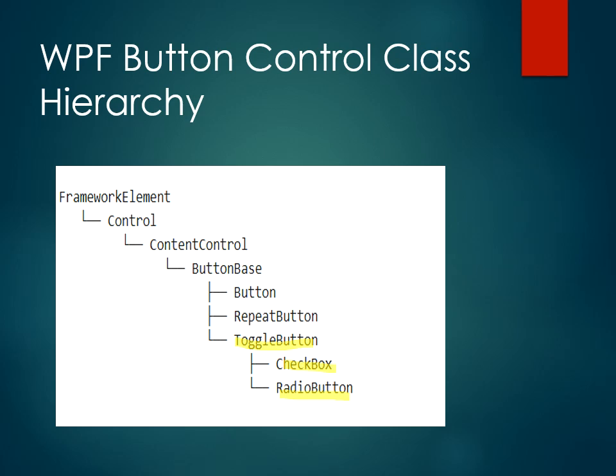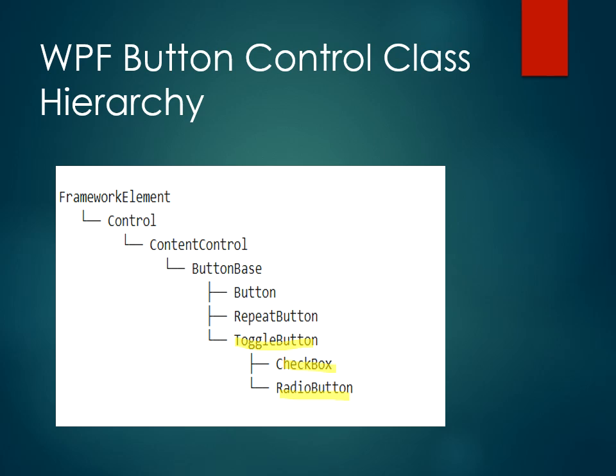And control implies behavior. Controls have templates to replace their appearance. For example, a button can be in any form, rectangle, ellipse, square, but a text block can't. So that is the difference between controls and primitive elements.